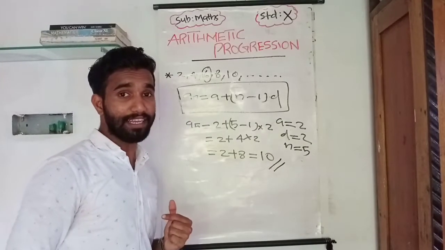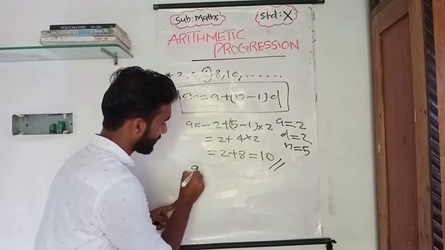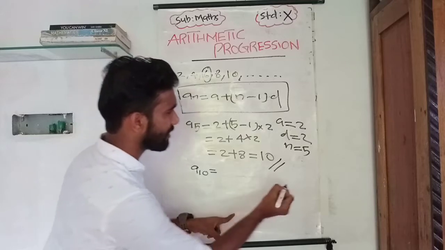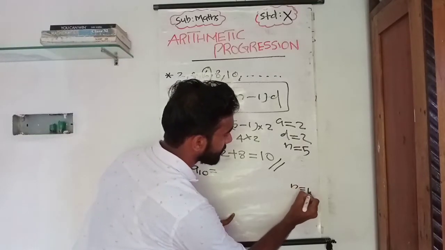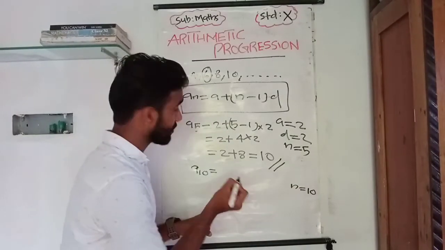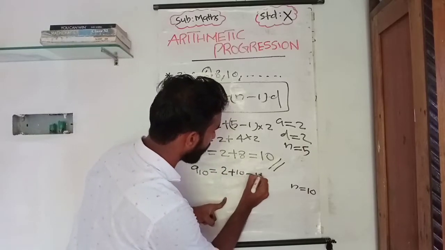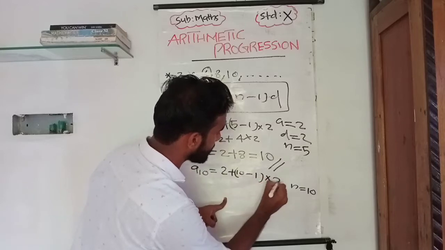Then we have to find a10. Again apply the same values. Here n is equal to 10. What is it? 2 plus 10 minus 1 into d.